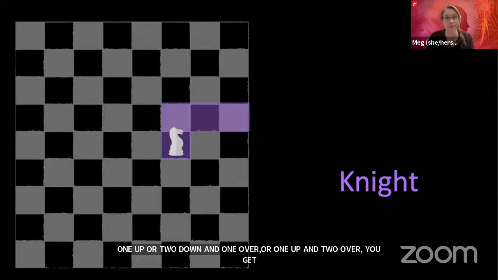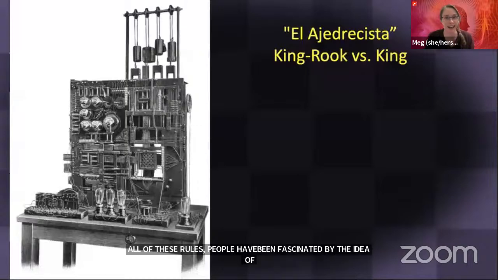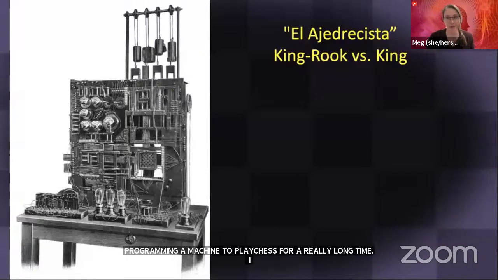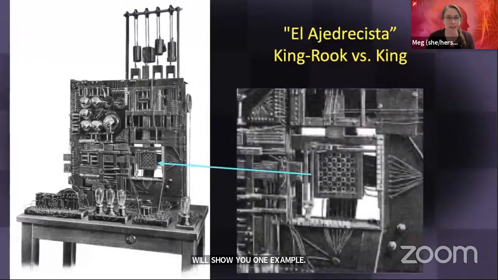Now, because chess is governed by all of these rules, people have been fascinated by the idea of programming a machine to play chess for a really long time. So I'll show you one example. This is El Ajedrecista, which is Spanish for the chess player. It was presented by Torres Quevedo in 1914. And there's actually a vertically mounted chessboard right there in the middle with a bunch of switchboard plugs.